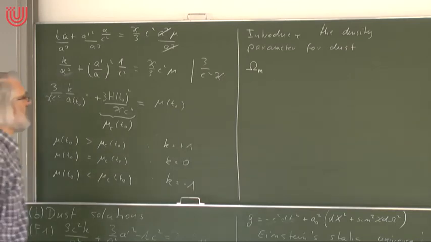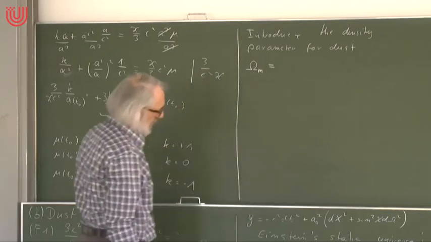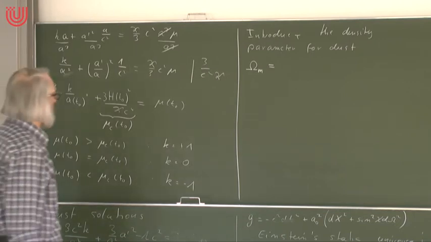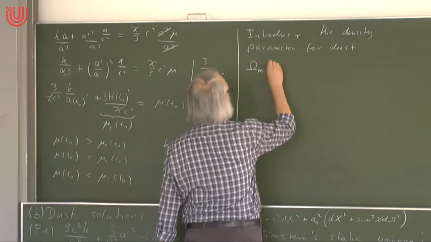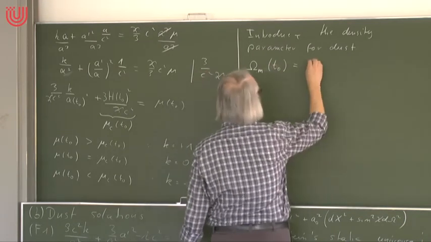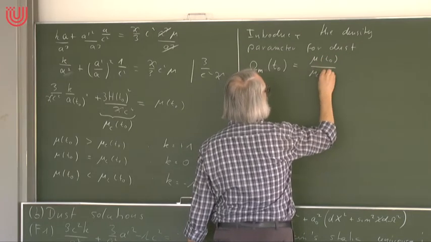So this is the contribution to the total mass in the universe, or total energy in the universe, which comes from the galaxy. This is characterized by this omega m, which of course also is a function of time. So we evaluate it at our present time, and this is just mu t0 over mu critical t0.